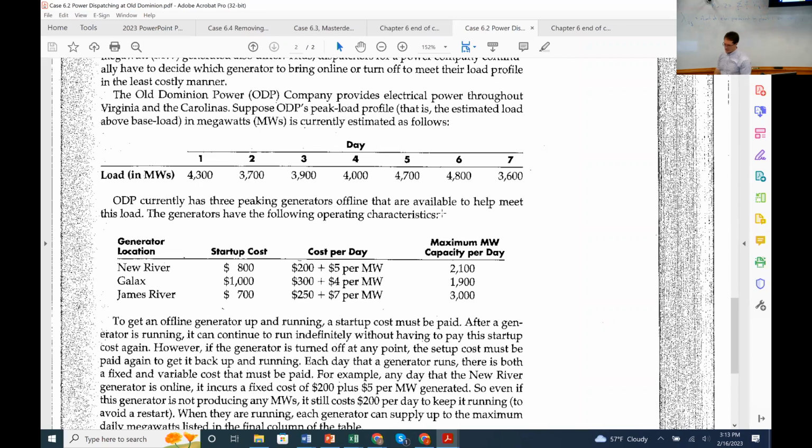So variable cost I is the 5, 4, or 7. So far, this just looks like a transportation problem pretty much, but that's not enough. How are we going to get the fixed costs in? How do we get the 200, 300, and 250 in?